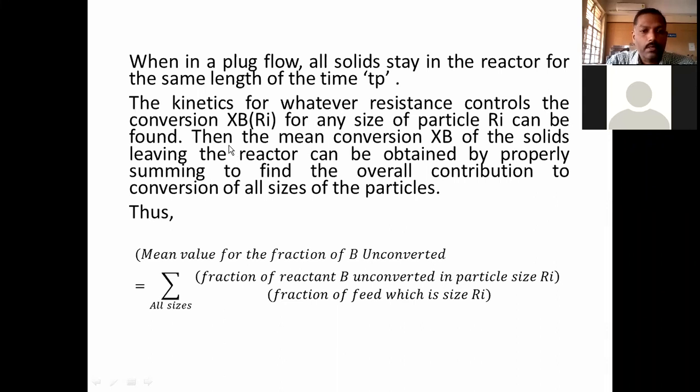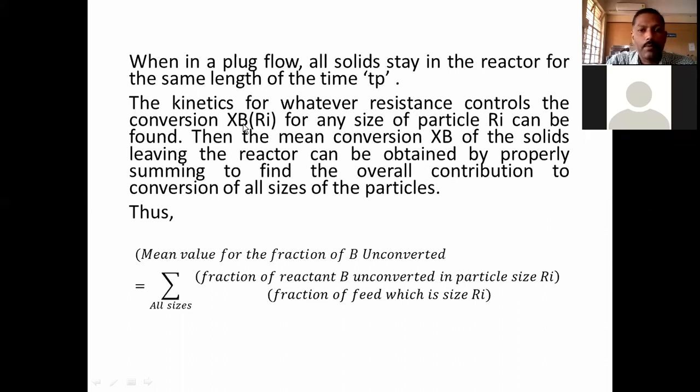Then the mean conversion X_B of the solids leaving the reactor can be obtained by properly summing to find the overall contribution to conversion of all sizes of the particles. So the time solids stay in the reactor is tau p, the time for plug flow, and the resistance controls the conversion of each particle.